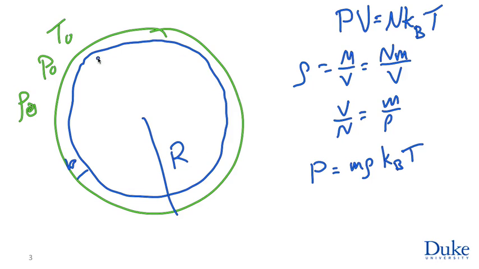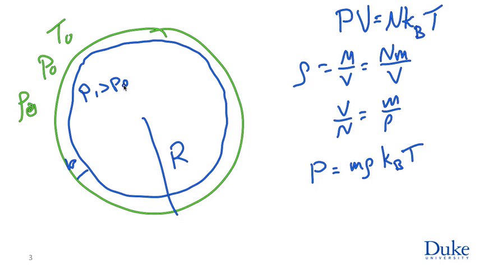And there are some things I know. I know the pressure here, P1, has to be bigger than P0. Why? Well, because I've sunk in. This layer underneath is holding up the weight of the bit of the star that is outside.